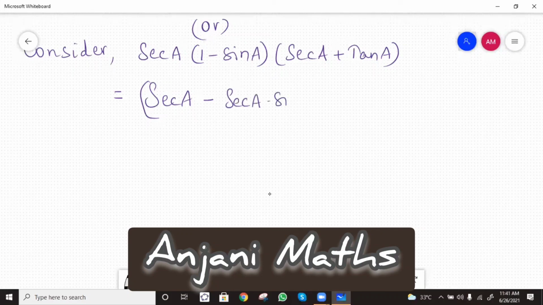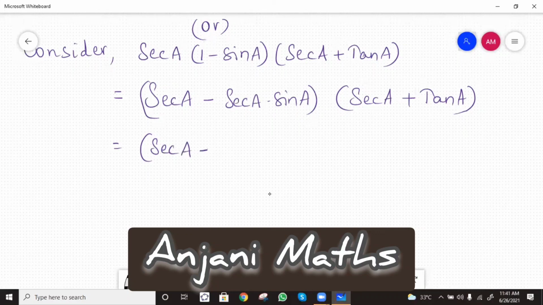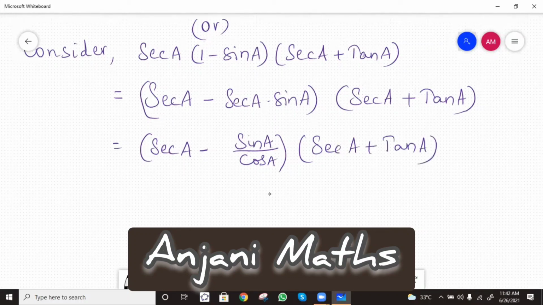So in the second term, we have secant A plus tan A. That is equal to secant A, and we can write this secant A as 1 by cos A. Now tell me, what is sin A by cos A? It is nothing but tan A, into secant A plus tan A.